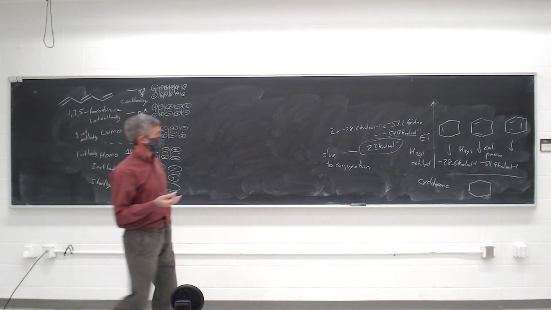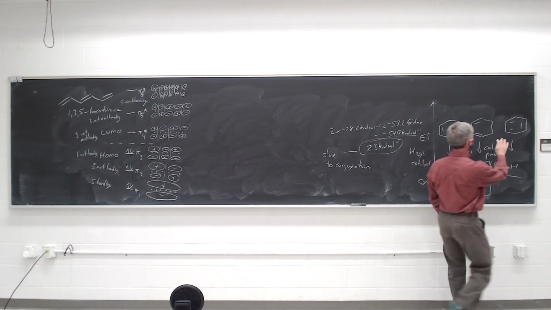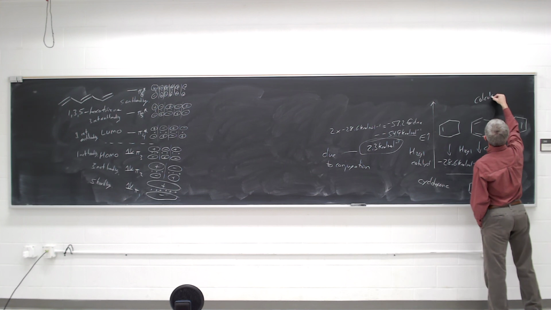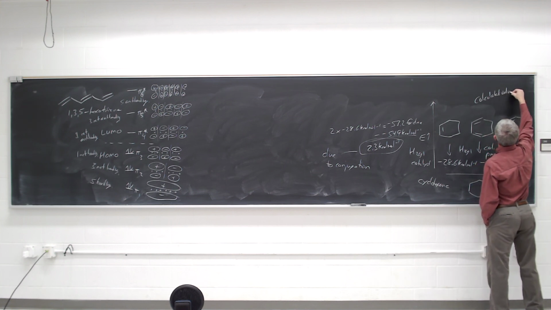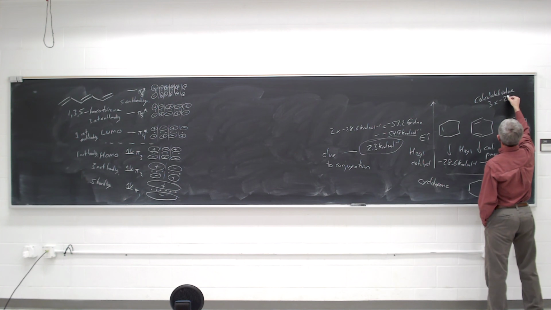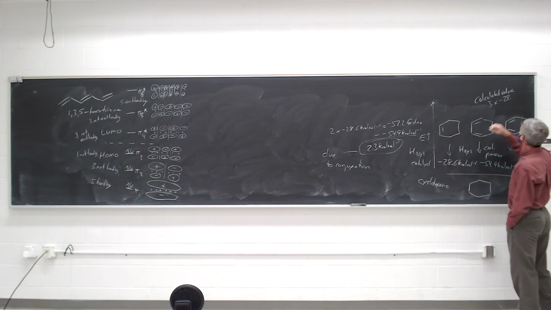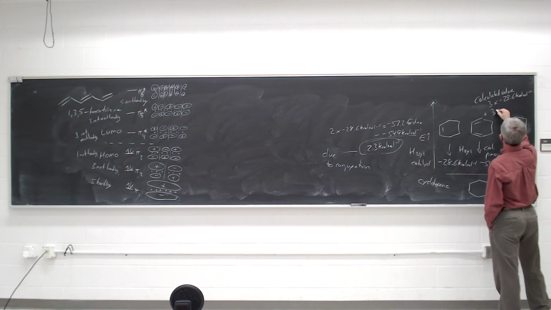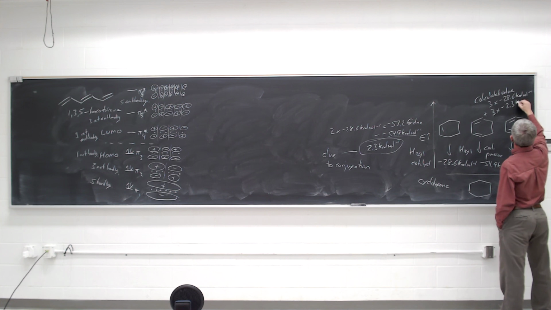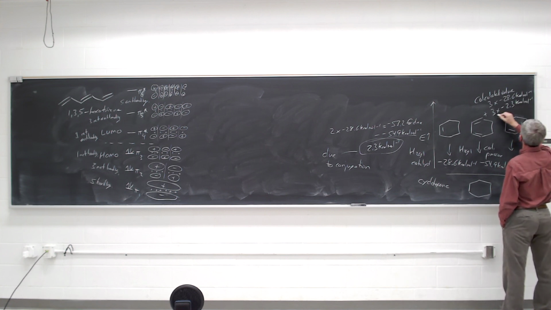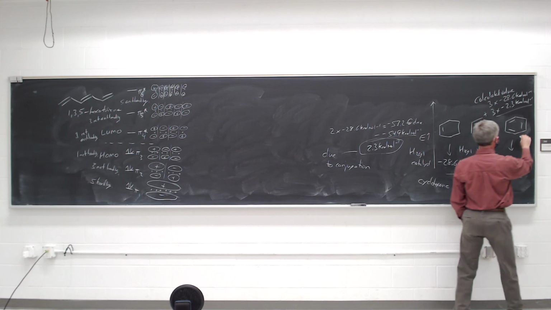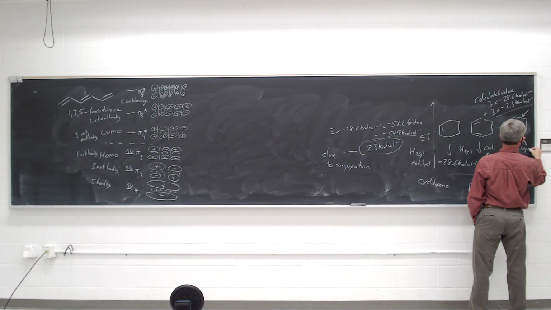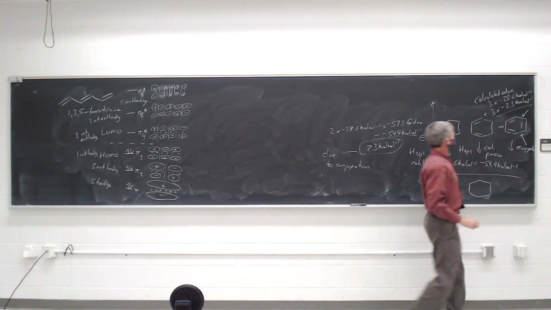That would allow us then to predict what we should see. I have a calculated value for this of 3 times minus 28.6 plus 3 times minus 2.3, because we've got conjugation in 3 different locations and we've got 3 pi bonds.